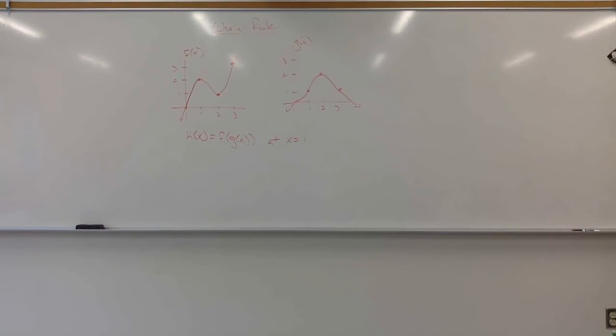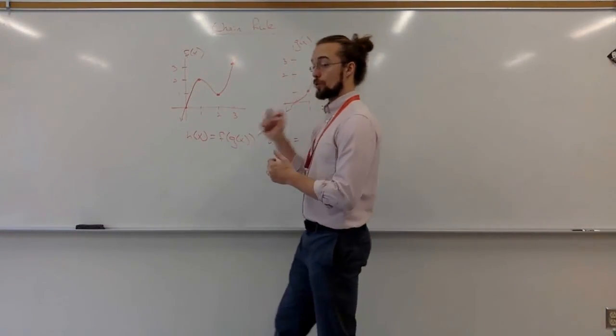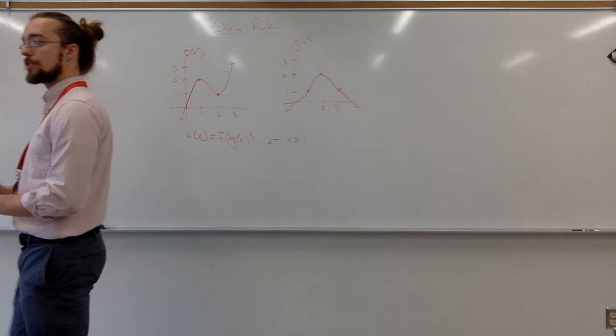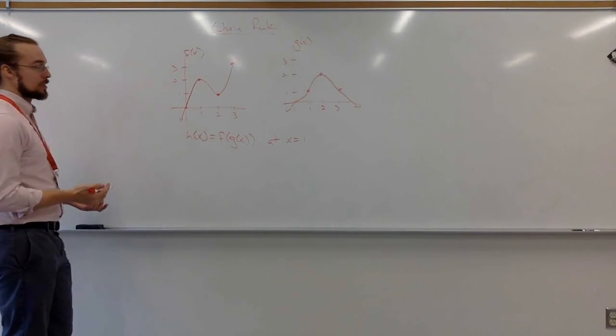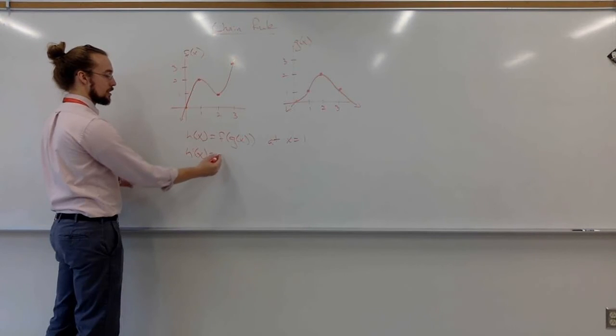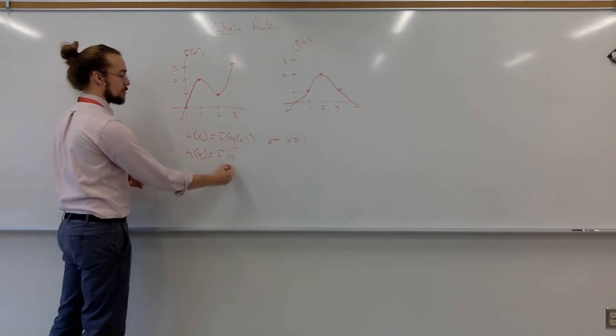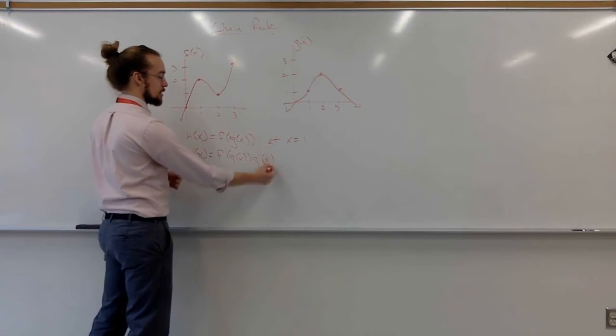So this is actually a really similar problem to the table, to what we just did, except now we're given graphs instead of tables. We can still pick out the exact same information, though, just from a different platform. So if I wanted to find the derivative here, again, it's the same idea. Take the derivative of the outermost layer times the derivative of the inside.